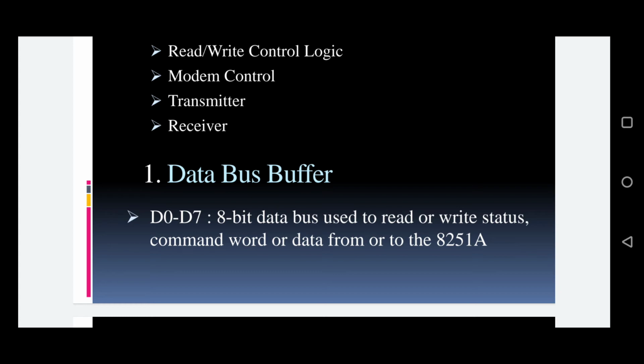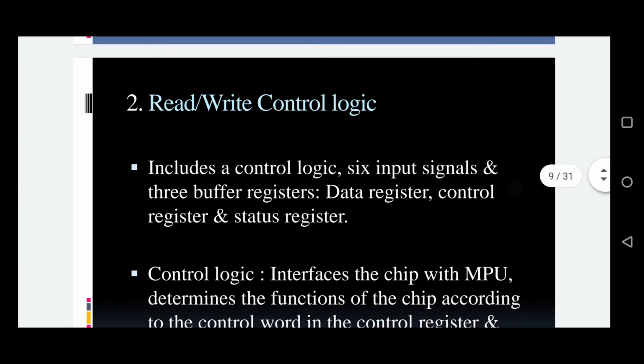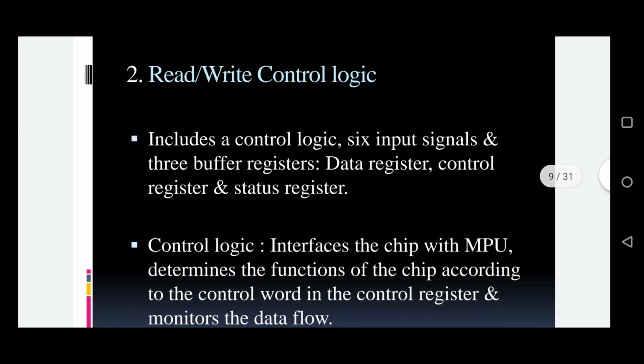So it does a dual process: it can send the data as well as receive the data, command word or data word. The next one is the read write control logic. It has 6 inputs: reset input, clock, C/D, read and write signals, and chip select signal.